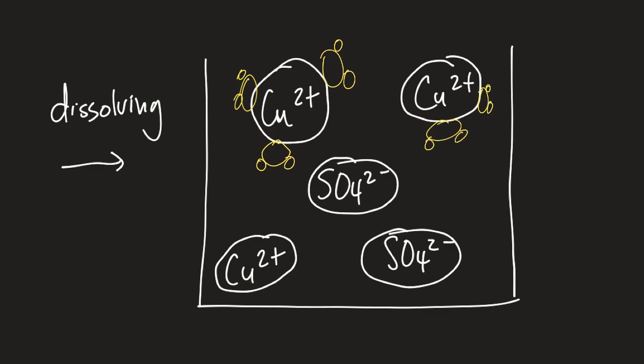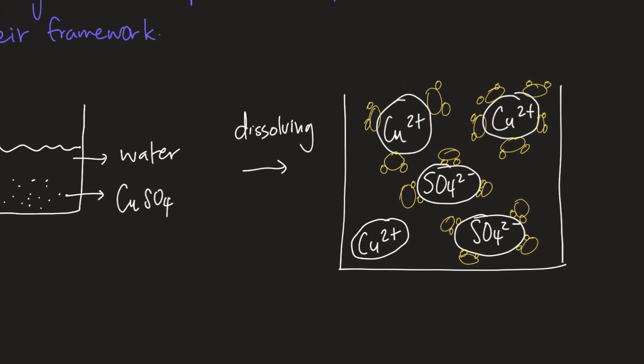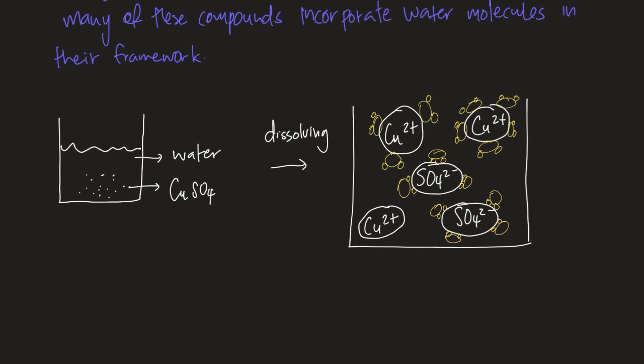So the side where the oxygen is going to join to the copper 2 plus, and the sides where the hydrogens are, they're going to join to the SO4 2 minus because of the polarity of that water molecule. So it will attach itself like this and it separates the ions. That's what happens when we dissolve something.